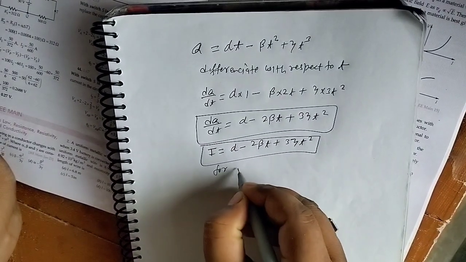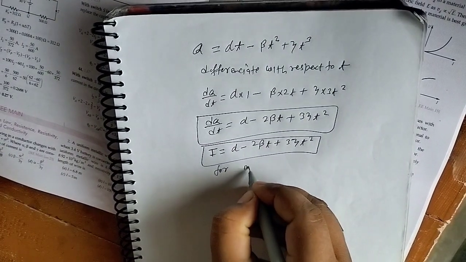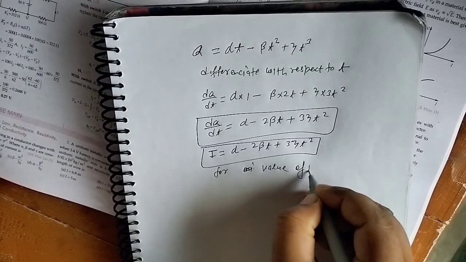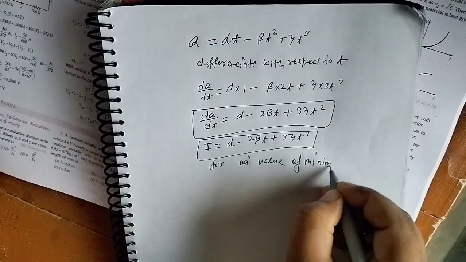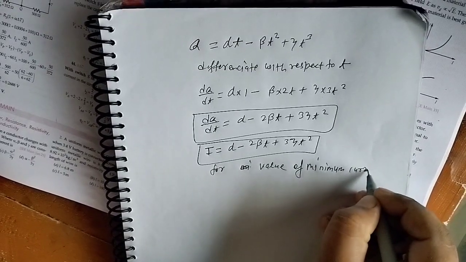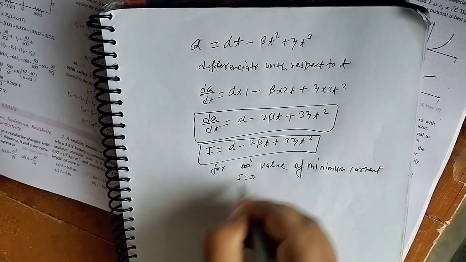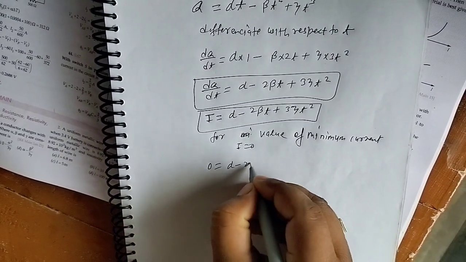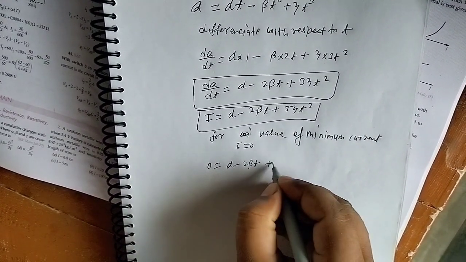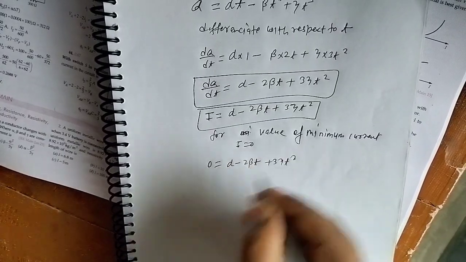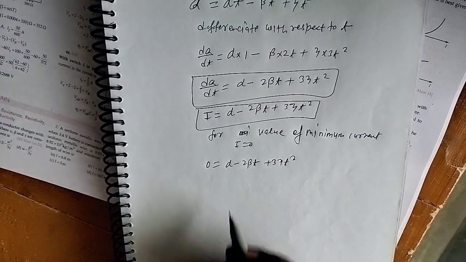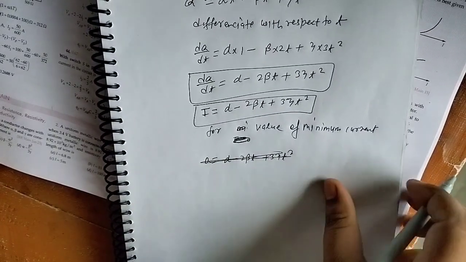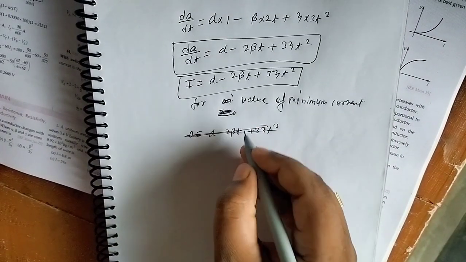For the minimum value of current, again differentiate with respect to t.